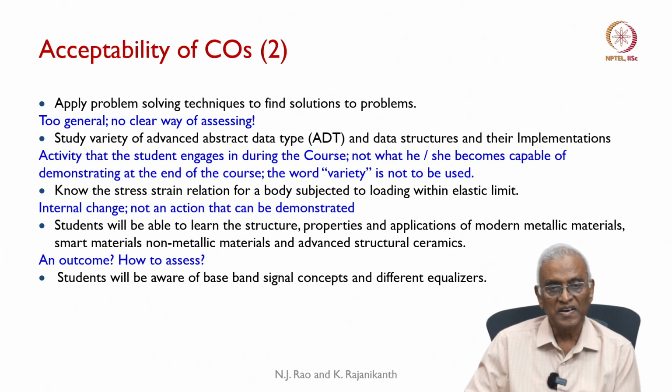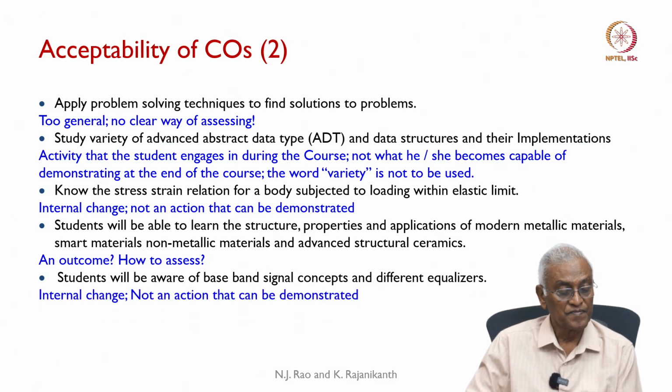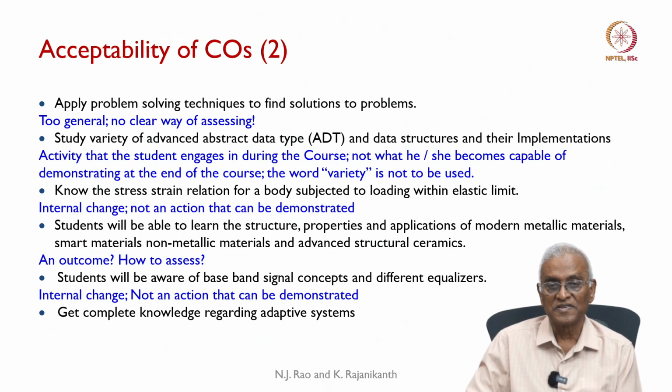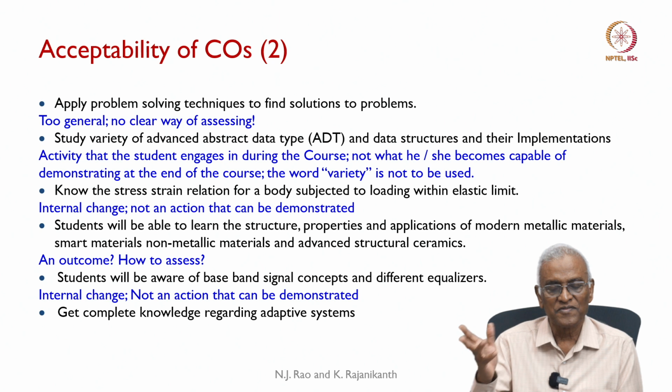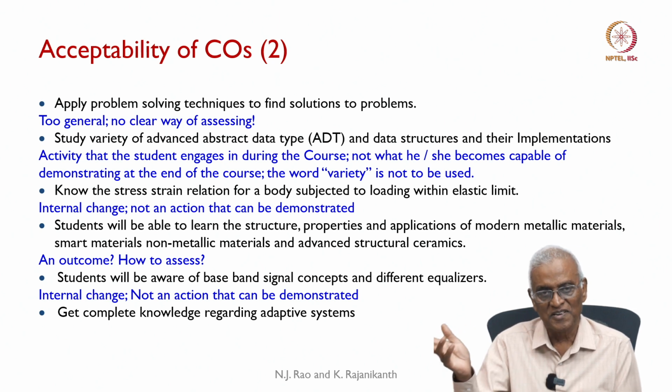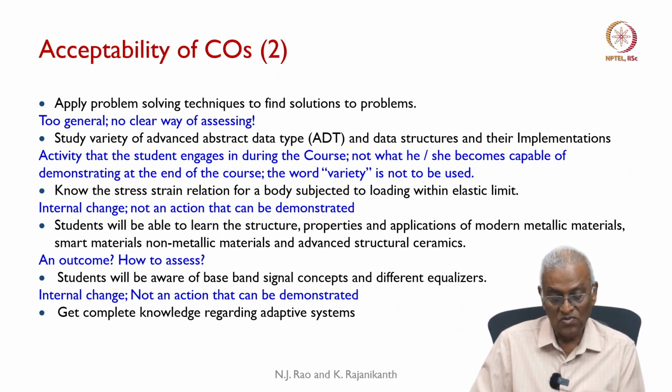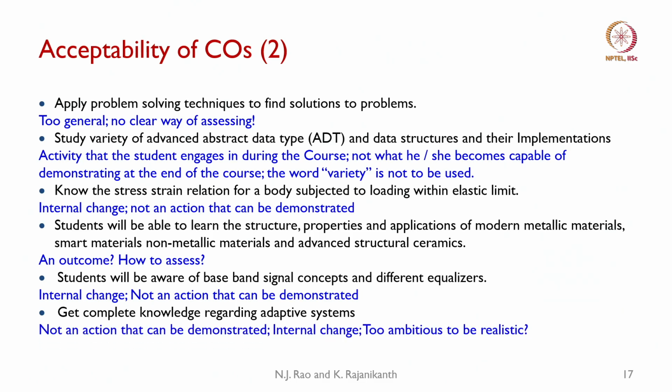Same thing. Awareness, knowing, having concepts, these are all mental changes and they do not represent COs. Get complete knowledge regarding adaptive systems. This complete knowledge is a very vague thing. To what extent you should go, nobody knows. There are books written on adaptive systems. Does it mean that you have to read the whole book? No. So again, it is vague and it doesn't tell you what action needs to be demonstrated.